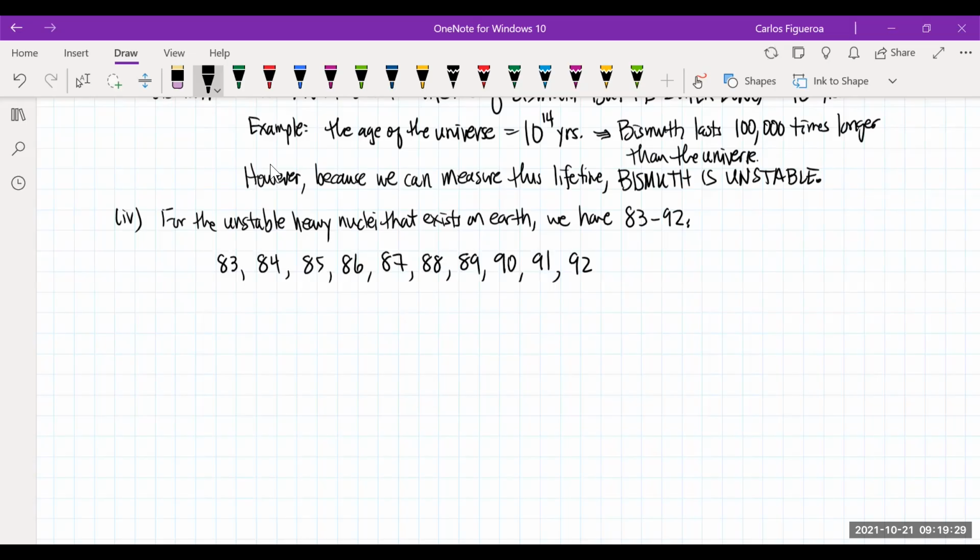So when I look at these unstable nuclei, what you're seeing here is that definitely this is our bismuth. This is our uranium. And what you find here is that of all of these, 2 of them you won't find here on Earth.